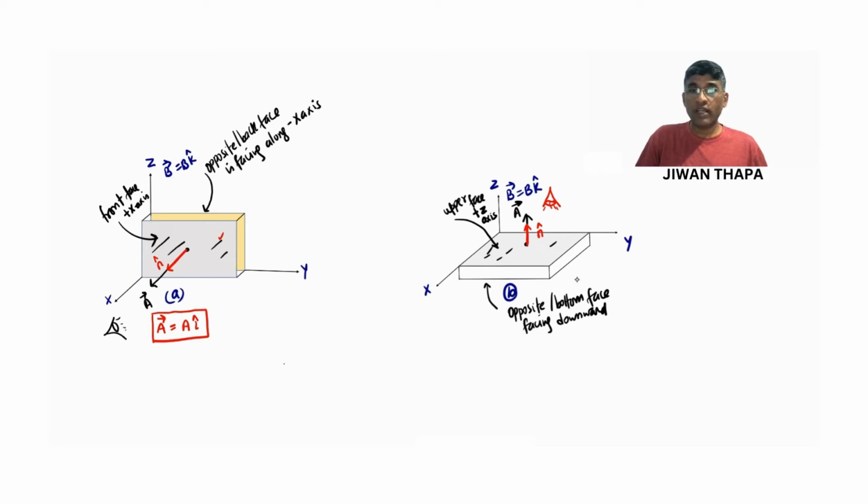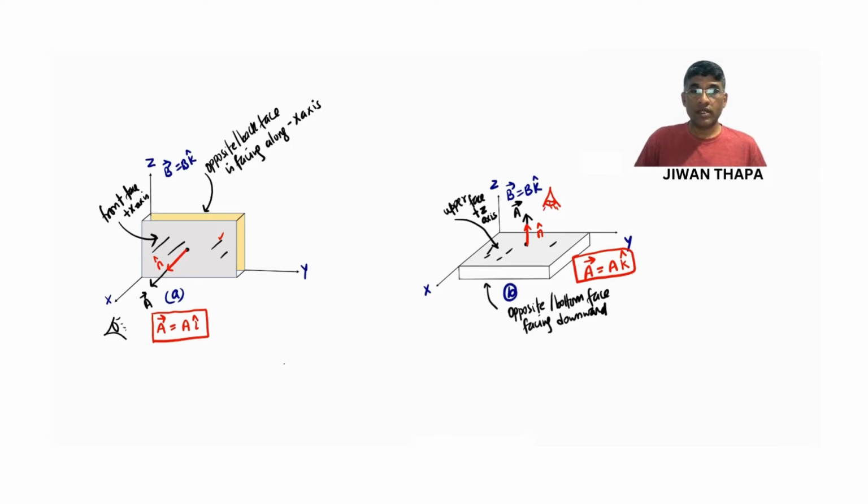So for figure B, we find the vector area of the upper face equals the magnitude of area A times the unit vector acting along the z-axis. The unit vector acting along the z-axis is k cap.